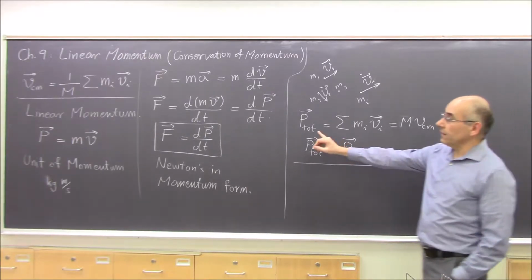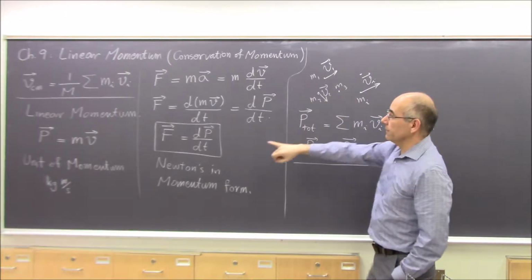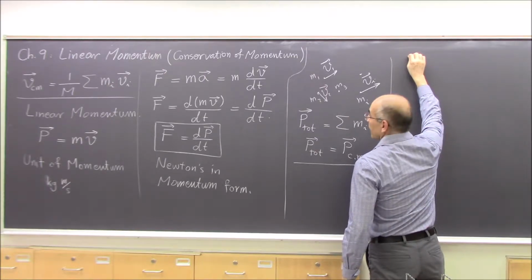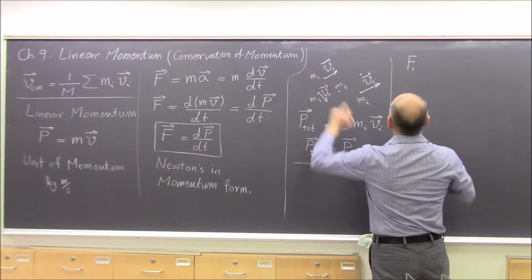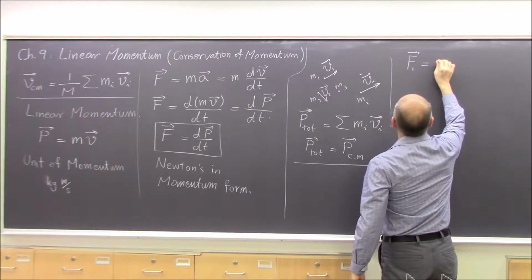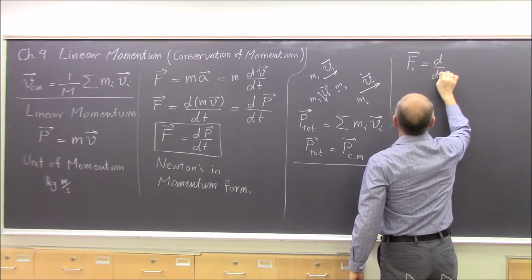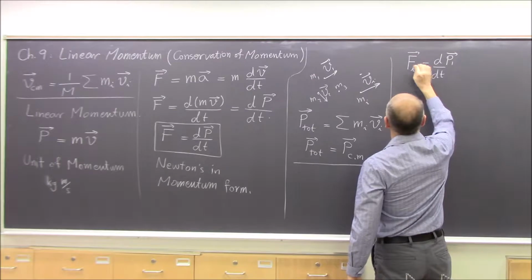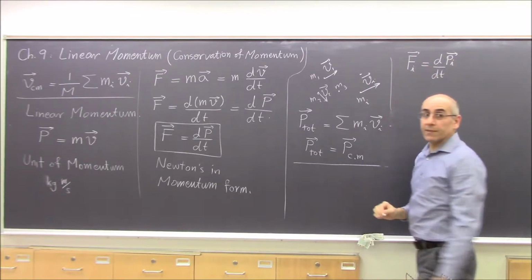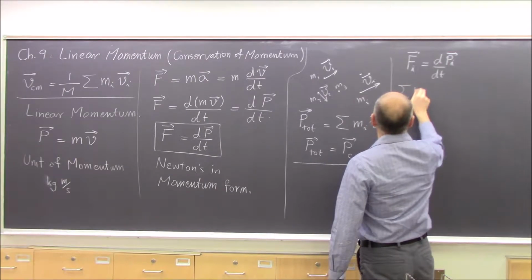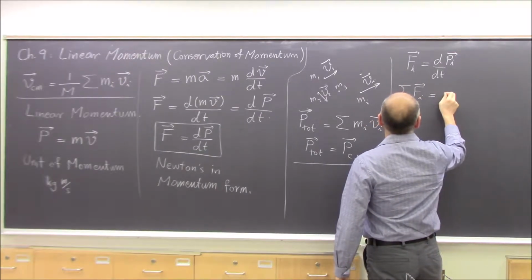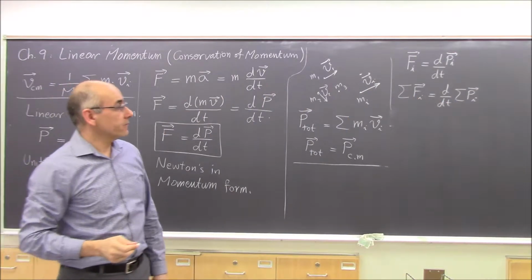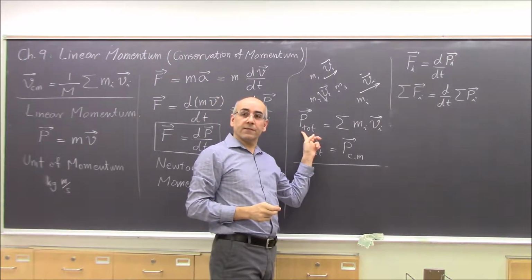And then, if you write Newton's law for each particle in momentum form, see what we get. You can write F1 acting on the first particle is equal to d over dt of p1 as a vector. And the same for all of them, so this is for each one separately. Then if you add all of them, sum of Fi is equal to d over dt of sum of pi. So sum of pi means total momentum of the system, right?